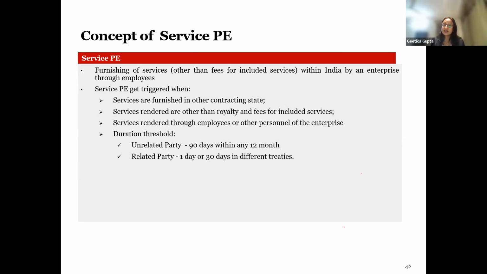But if it does not satisfy the test of FTS and there is a furnishing of services by the non-resident within India, the important term is within India.